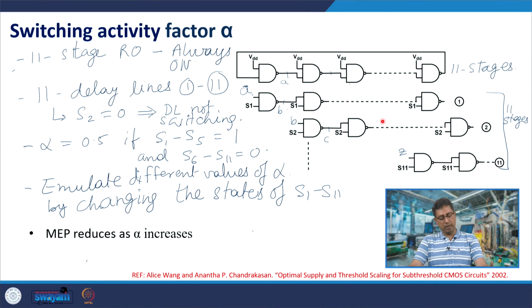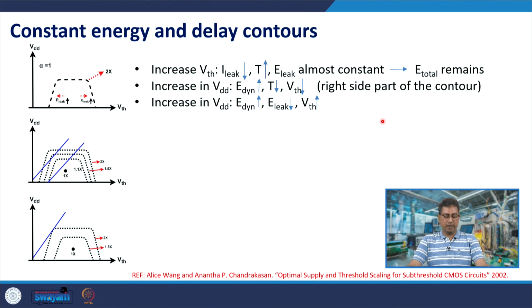So, that is how you can emulate different values of switching activity factor, and you have a minimum energy point. In this way, you also get contours: for different alpha, you get the minimum energy point, and also by changing the VDD you can find out the contours of equal energy. Why is this useful? We will discuss.